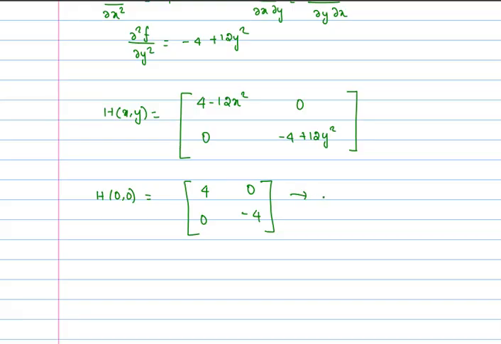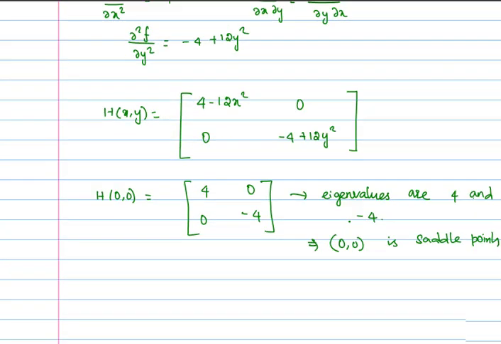So the eigenvalues are 4 and −4. This implies (0, 0) is a saddle point, since the matrix has one positive eigenvalue and one negative eigenvalue.